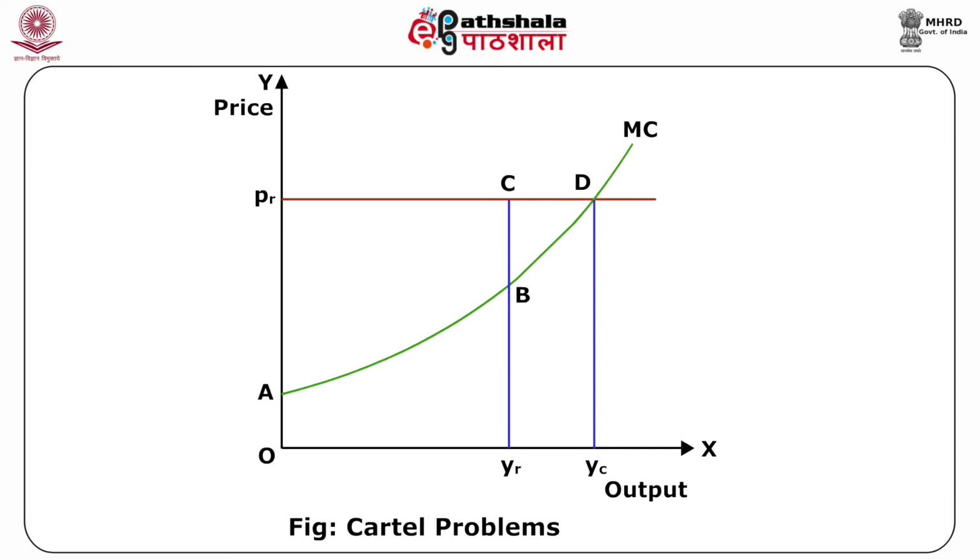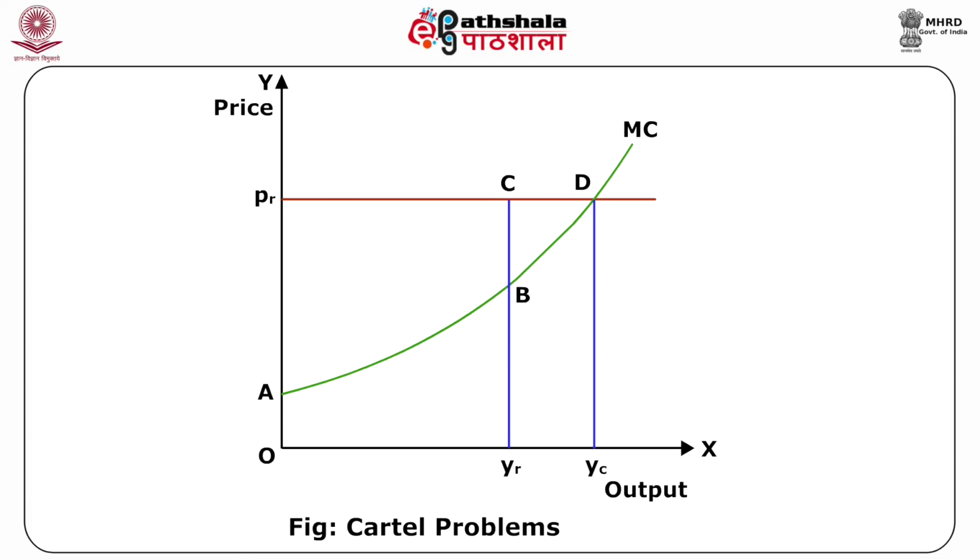Figure 2 shows that at output level YC, the total revenue of this member firm is equal to area OYCDPR. The total cost of this member firm is the area OYCDA under the marginal cost curve. That is, now the total profit of this firm is equal to area OYCDPR minus area OYCDA, which is equal to area ADPR.